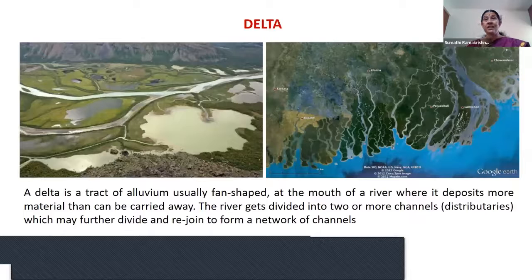So the river gets divided into two or more channels, that is the distributaries. These are called distributaries, and they may further divide and rejoin to form a network of channels. And they are triangular in shape. You can see the deltas wherever they move.